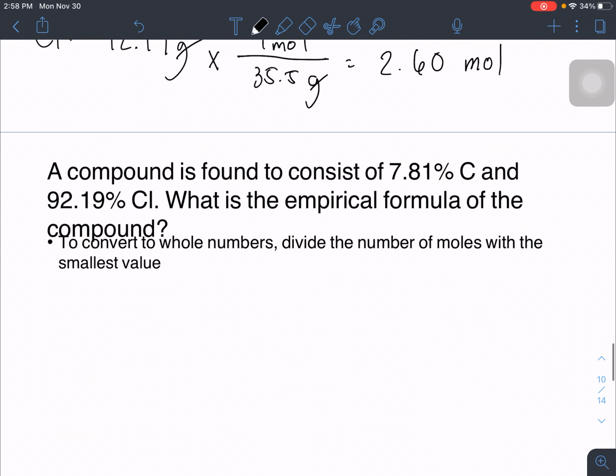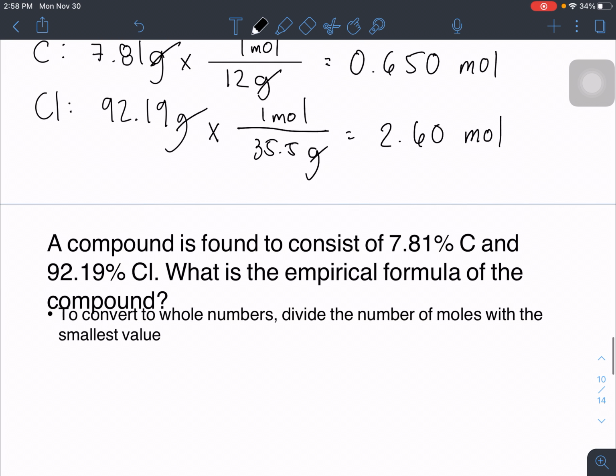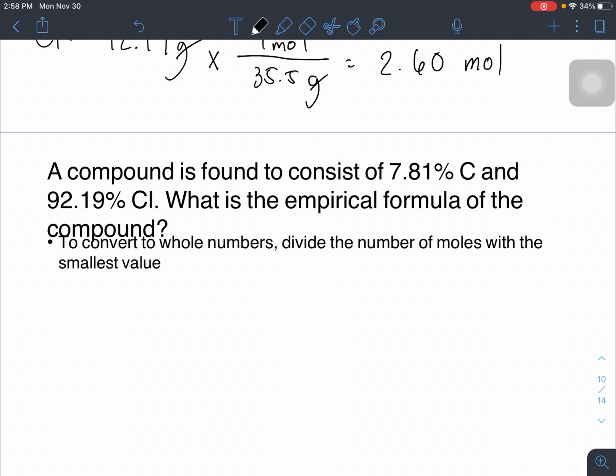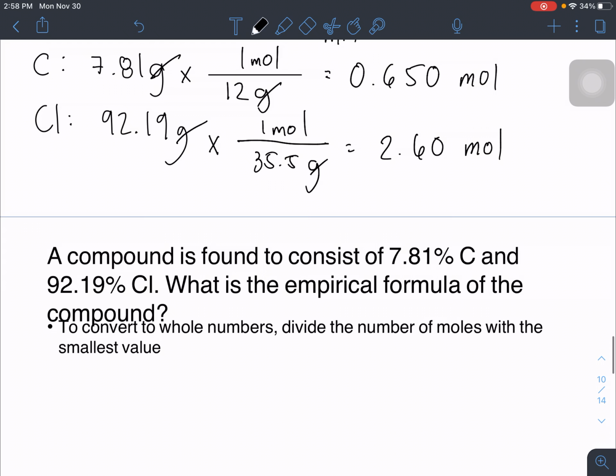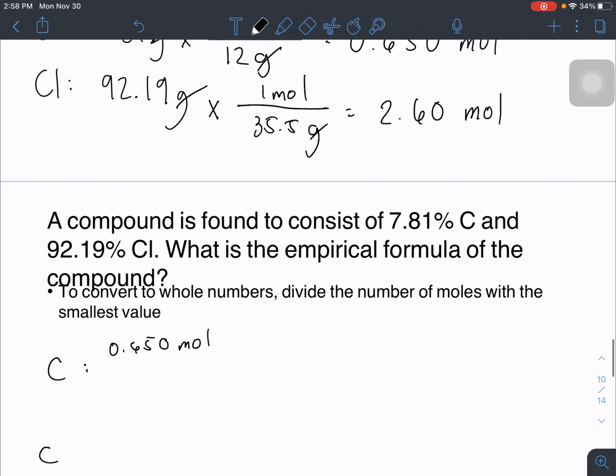After finding the corresponding number of moles of each element, we will convert these to whole numbers by dividing the number of moles by the smallest number of moles value. For carbon, that is 0.650 moles, and for chlorine, that is 2.60 moles.